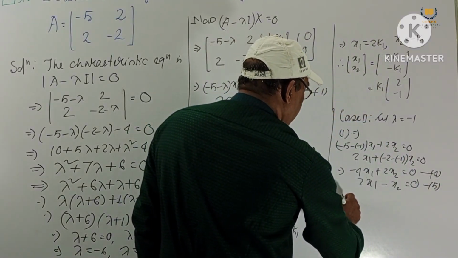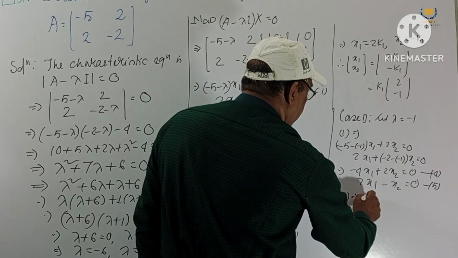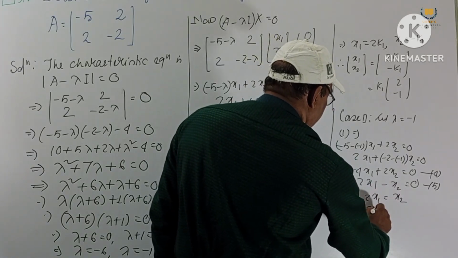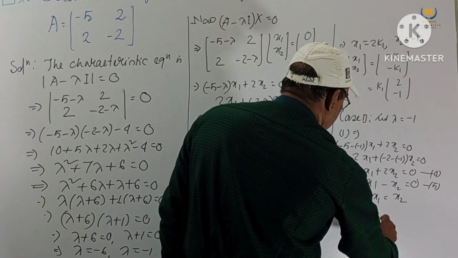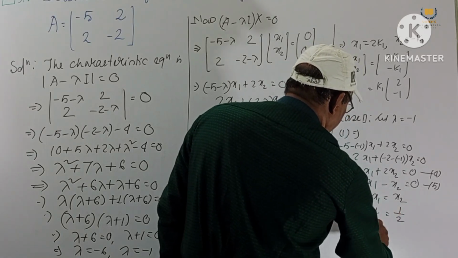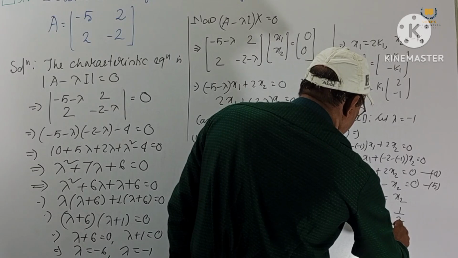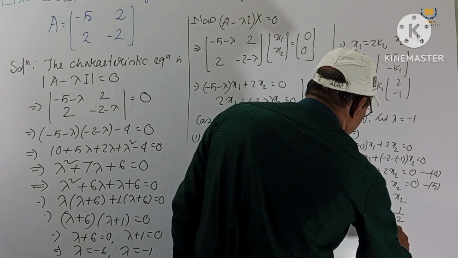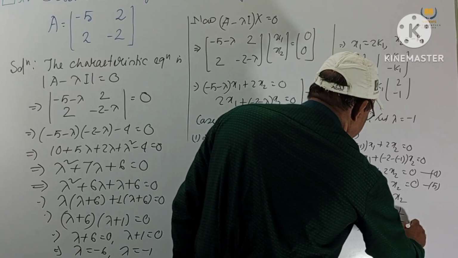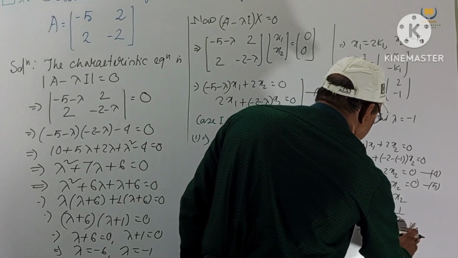Now suppose 5, any one of these. 5 implies 2x1 equal to x2, x1 by x2 equal to 1 by 2, x1 by 1, x2 by 2. This is k2 we consider.